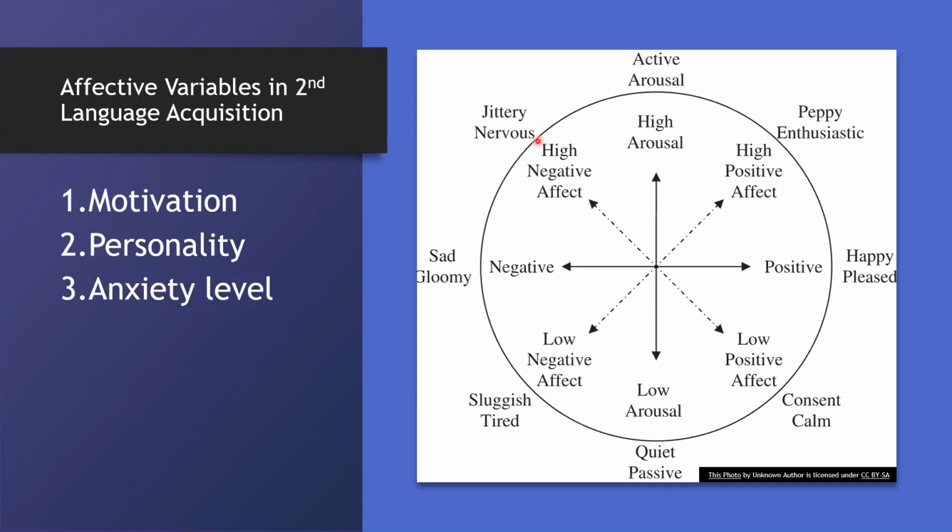Words that may go with that are jittery or nervous, whereas physiologically, if you're over on the other side where you're having a high physiological arousal, as in your heart's pounding and maybe your hands are sweating, we will frame it with words like, I don't think I'd ever use the word peppy, but whatever, enthusiastic or excited.